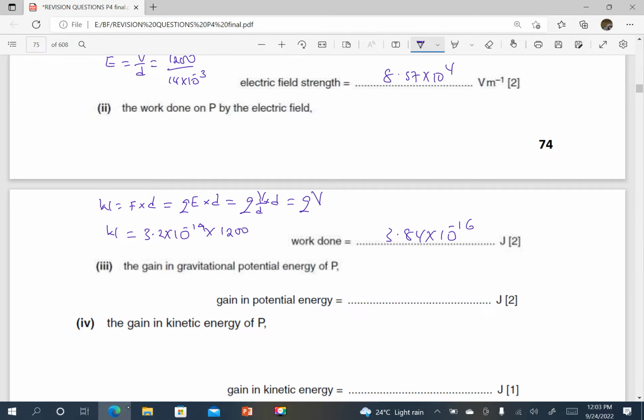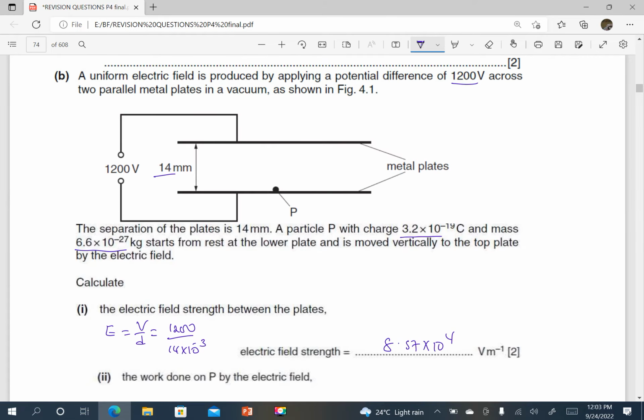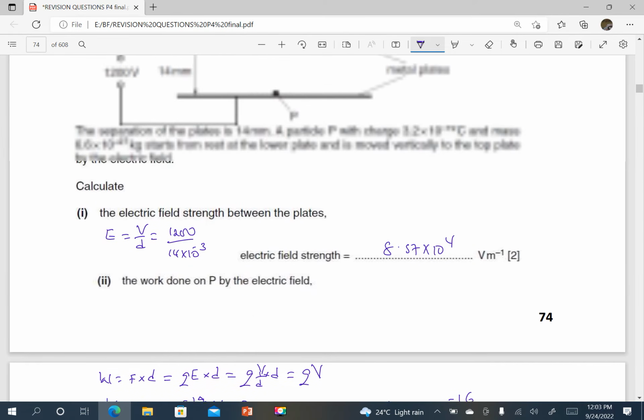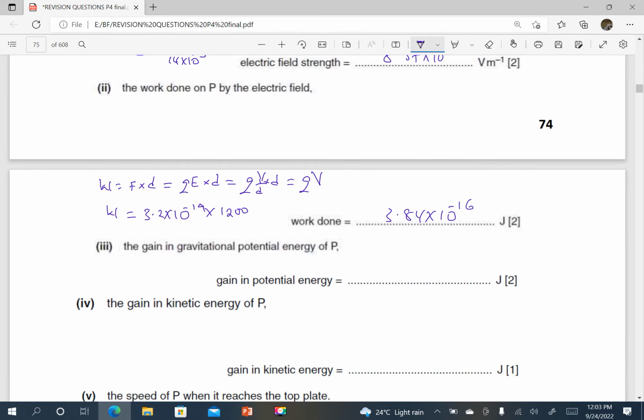The gain in gravitational potential energy. This is 14 millimeters. I will use U for potential energy. So the gain in gravitational potential energy will be mgh, where the mass was given as 6.6 times 10 power negative 27.